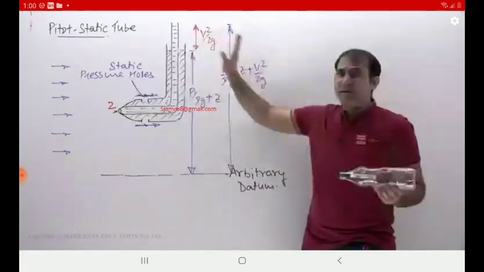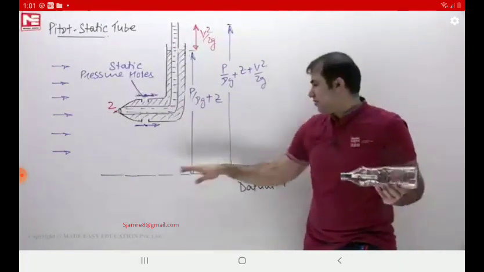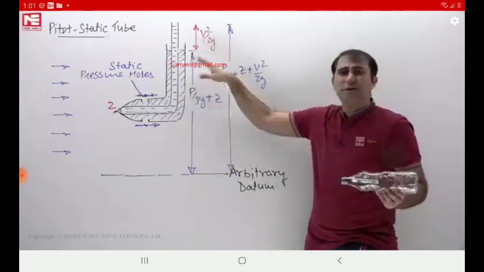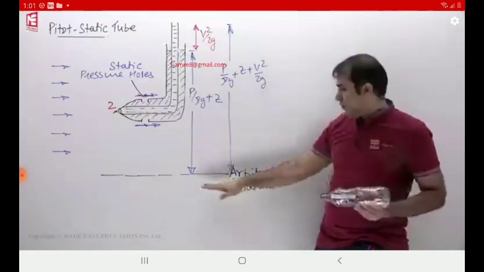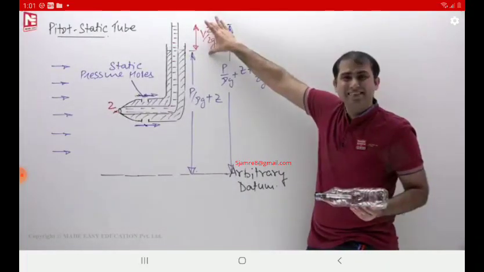From this height you can find out how much the static pressure is. If you have kept the datum arbitrarily, this is Z plus P by rho g. And for this, if you are looking, this is also going into the kinetic head.